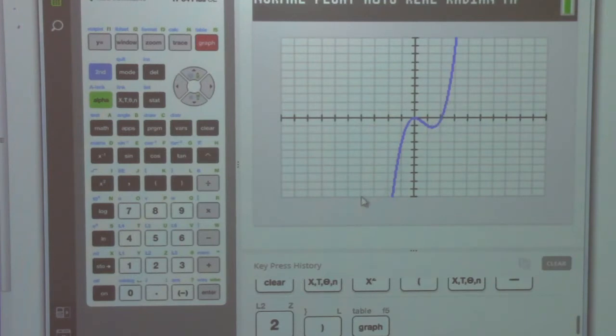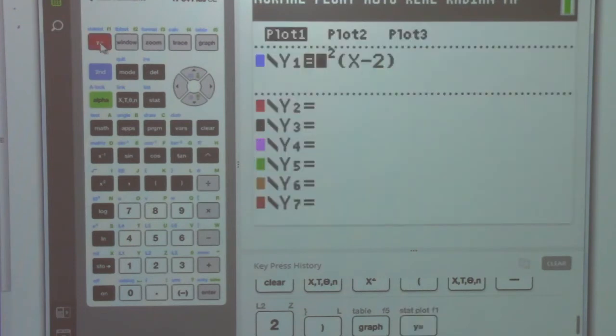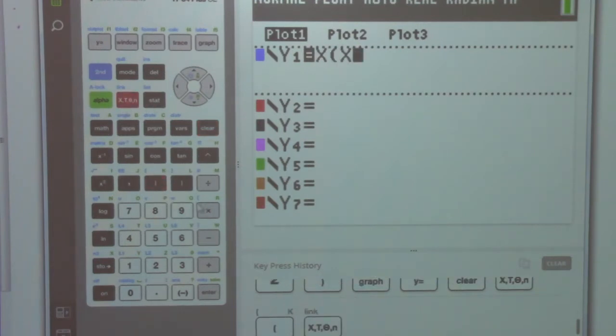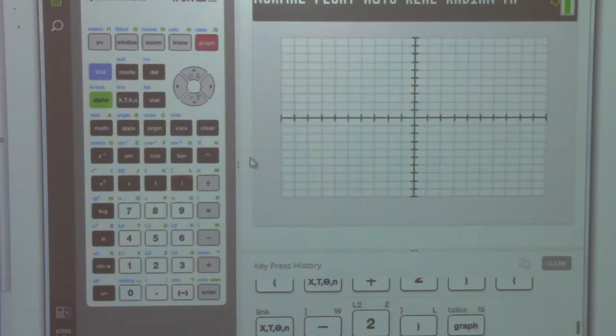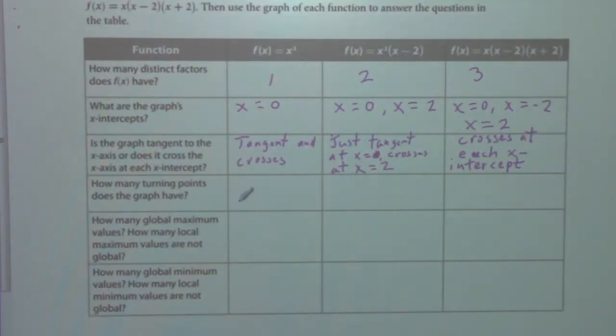And then the last one we have here is going to be x times quantity x plus 2, excuse me, x minus 2. And how many turning points does this one have? Two also. Okay, so none, 2, 2, right?